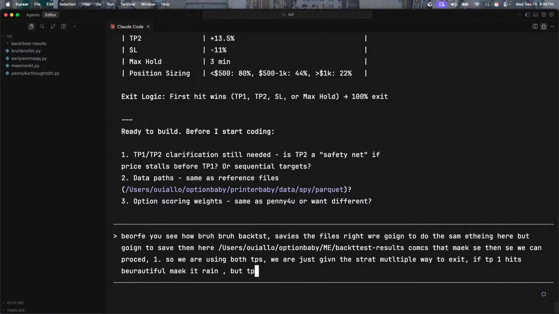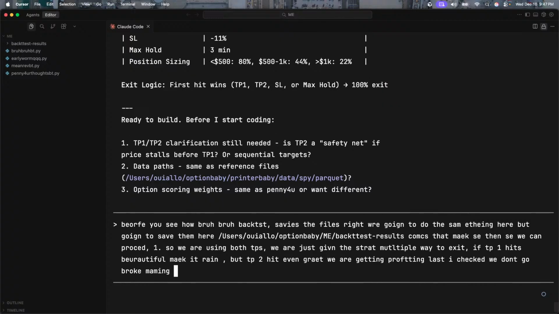But if TP2 hits, even great. We are still profiting. Last I checked, we don't go broke making a profit. So we are giving it multiple ways to exit. Check the backtest on how we're doing it.